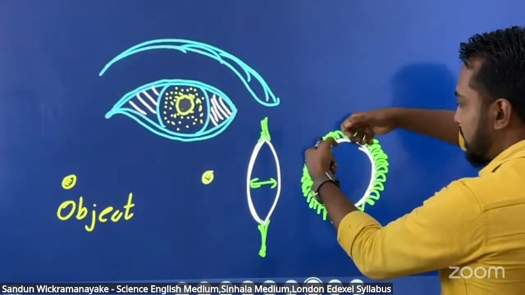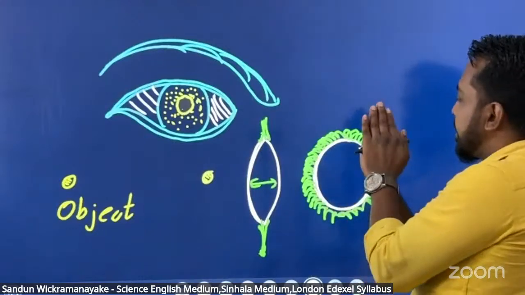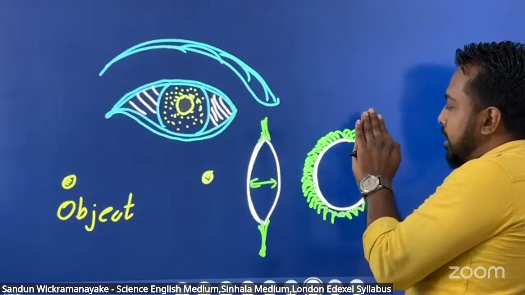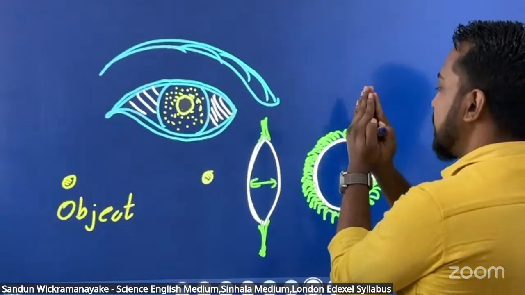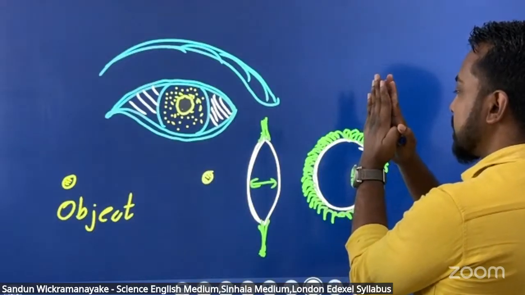If the muscle is stretched, the lens shape is going to be like this.